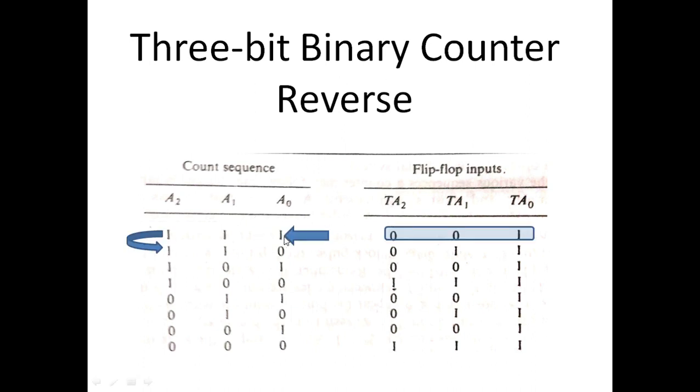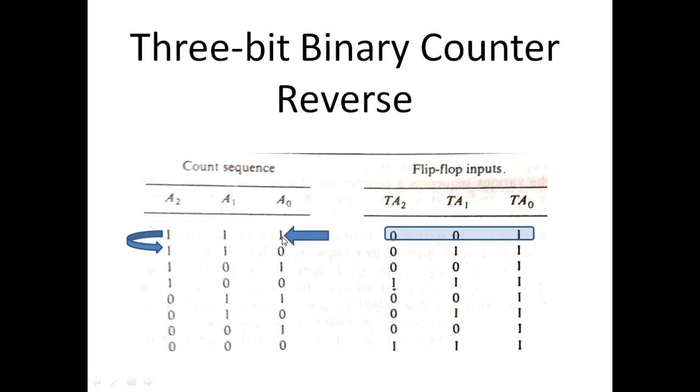Let's suppose this is the current state of the 3 T flip-flops, and we want to come to this one. That is, the 3 flip-flops show the digit 7, and we want to move to the next state, and it should show digit 6, and then 5, then 4, then 3, then 2, then 1, then 0, and then it should start again.